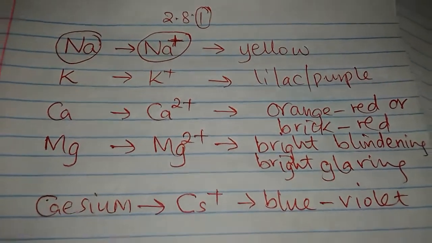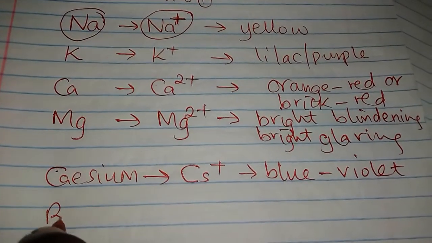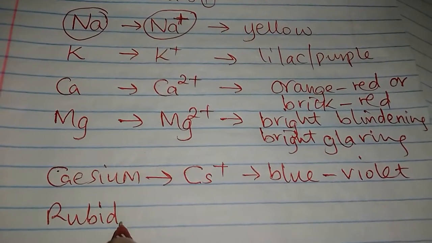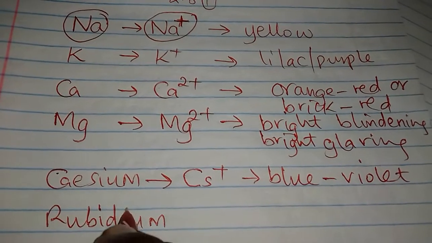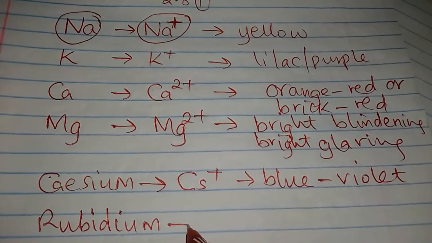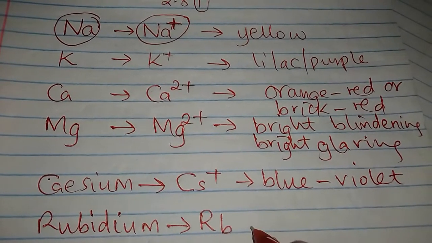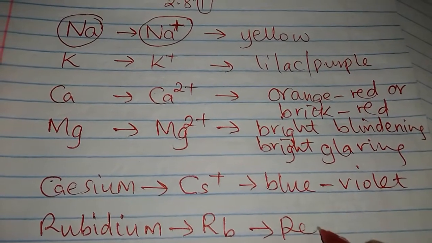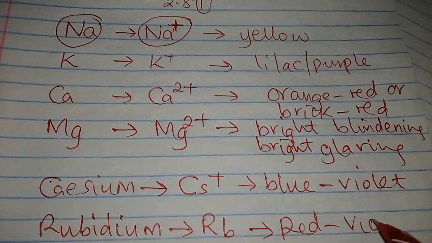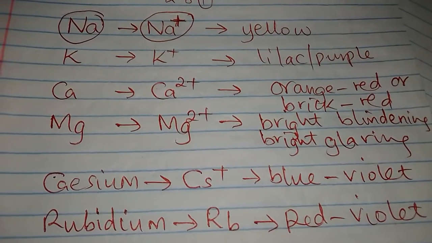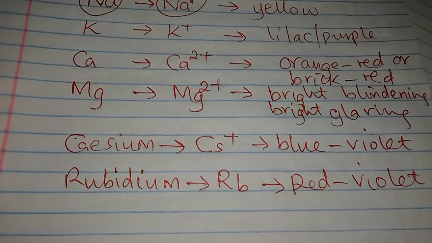If I have something else like rubidium, I write capital R small b as the chemical formula, and the color can be red-violet.